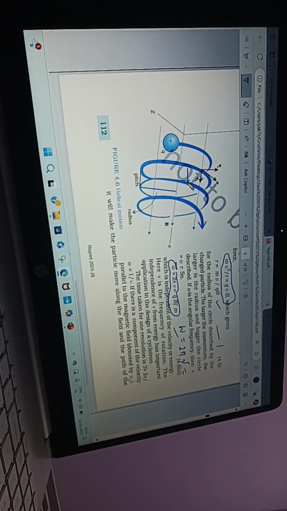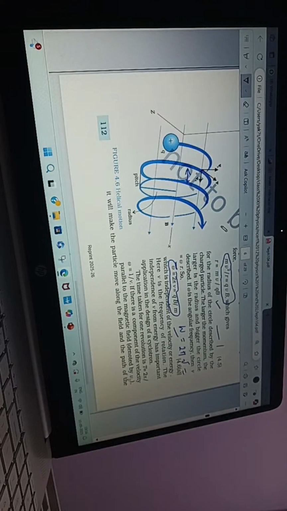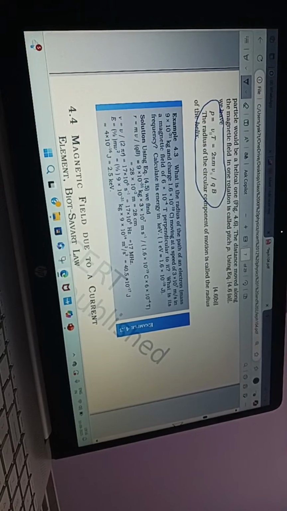This distance is called pitch. Try to understand. So this is called pitch. Pitch is what? Horizontal distance. Horizontal distance is velocity into time. Which velocity do you have to take here? Parallel. Okay, now.